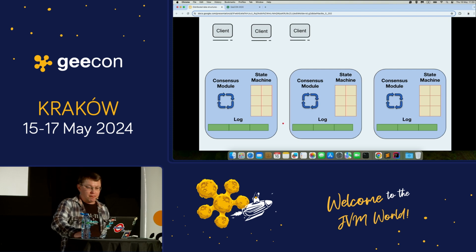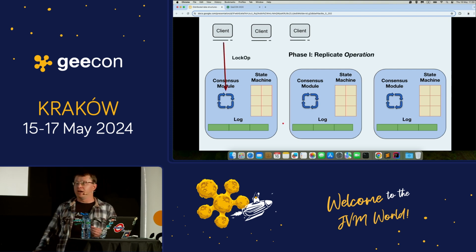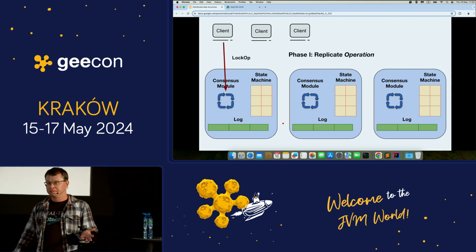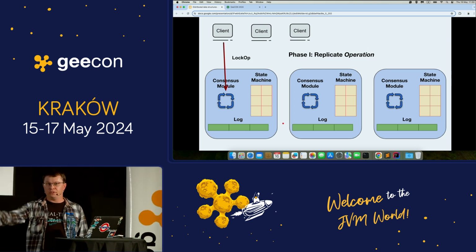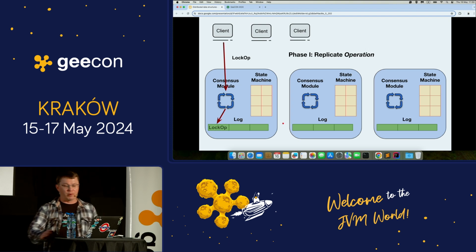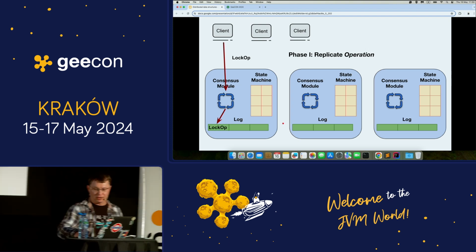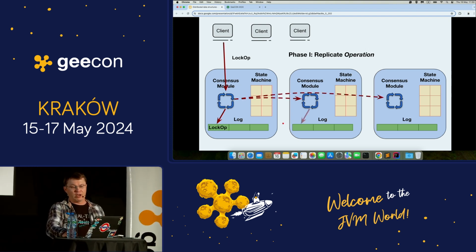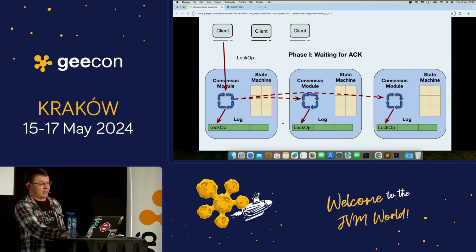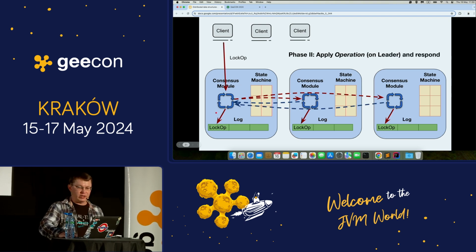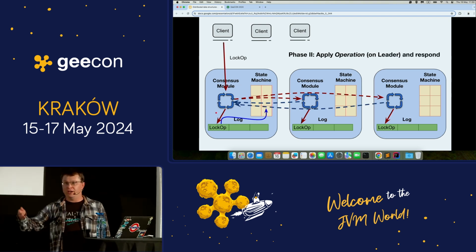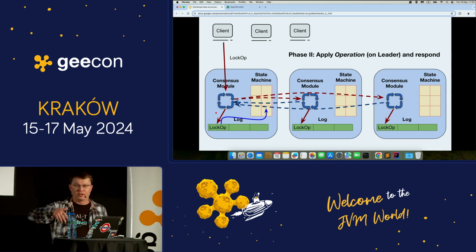For example, we can use a lock operation. When a client would like to take a lock, it produces a lock operation. This operation will be saved in the log and replicated to the other logs. When the leader receives the acknowledgement from the majority, it can execute this command and perform the lock operation.